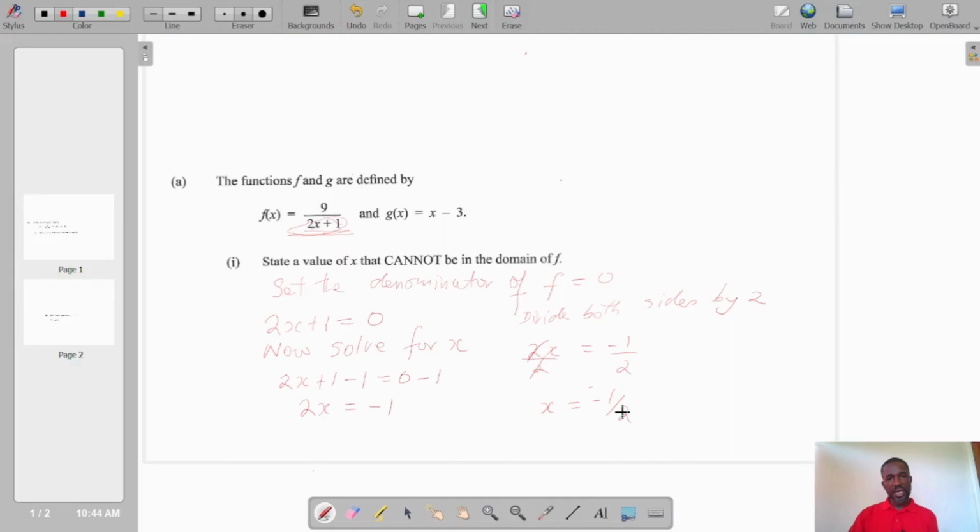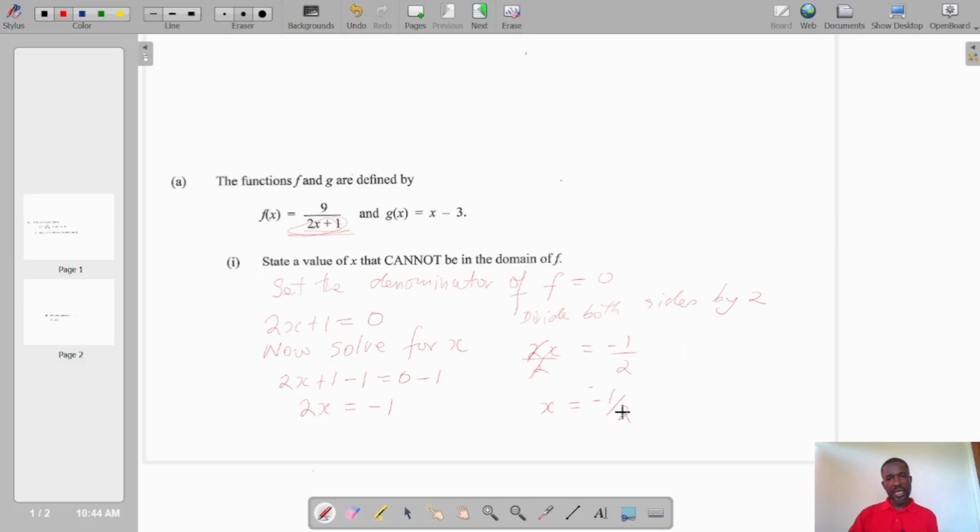All right, let's prove that. We have 2x plus 1 equals 0. So 2 times a negative half plus 1 is equal to 0. Let's go. 2 times negative half, this 2 will cancel this 2 here.